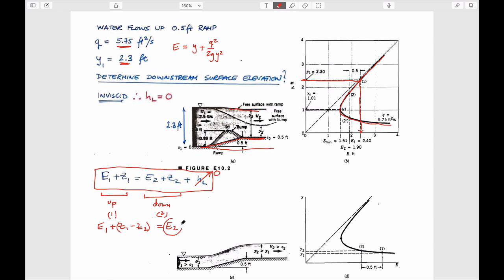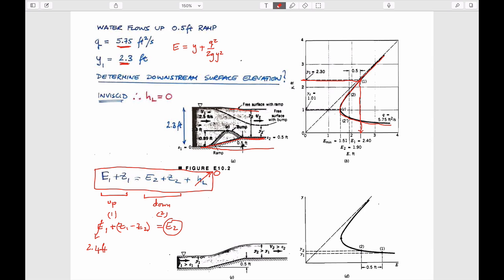This is the energy that exists downstream. And so if we know we're sitting at this point here, at this depth and this particular energy, we know the energy E1 has to be equal to 2.4 feet in this particular case. Strange, not units of energy, but it's a proxy for energy.